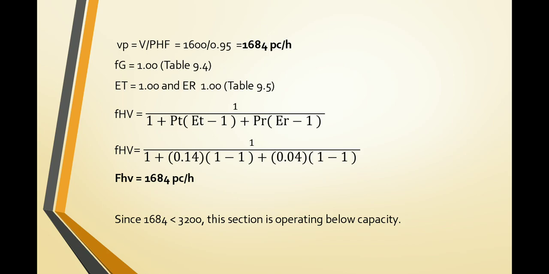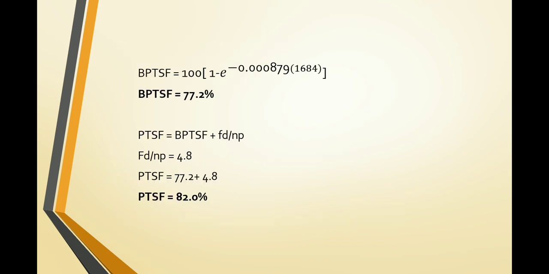In getting the FHV, 1 over 1 plus 0.14 times 1 minus 1 plus 0.04 times 1 minus 1 equals 1.000. So VP is 1,684 pc per hour. Since 1,684 is less than 3,200, this section is operating below capacity.